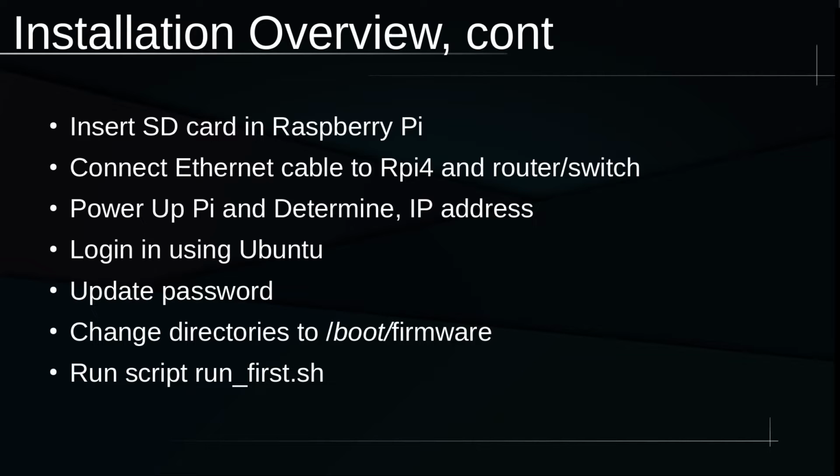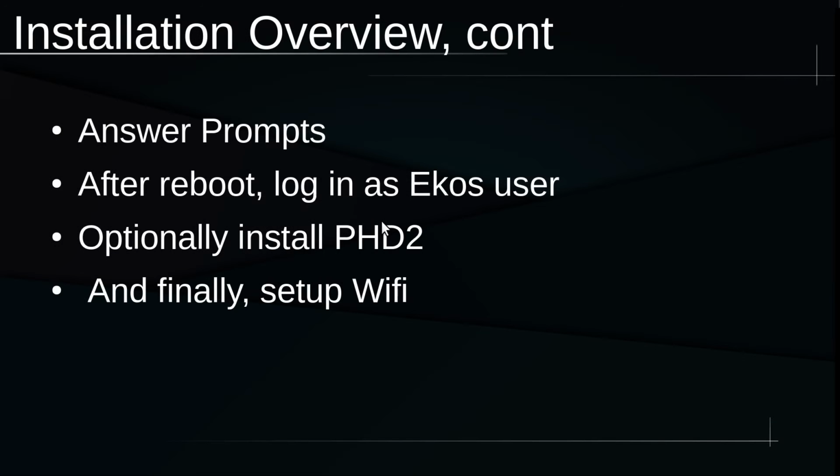When you first log in, you'll be prompted for a password change. Once the password change has been made, you'll be kicked out and you'll have to log in again. You'll have to change directories into the boot firmware area and then run the script runfirst.sh. You'll have to answer numerous prompts and then the system will automatically reboot.